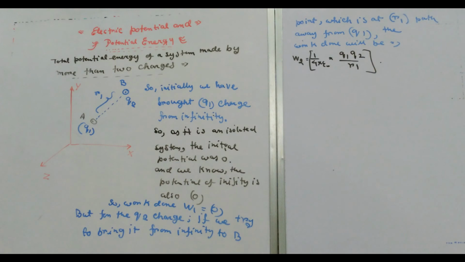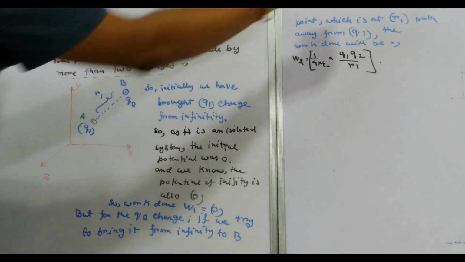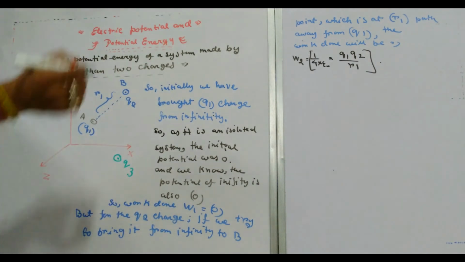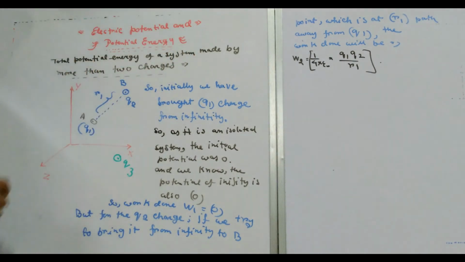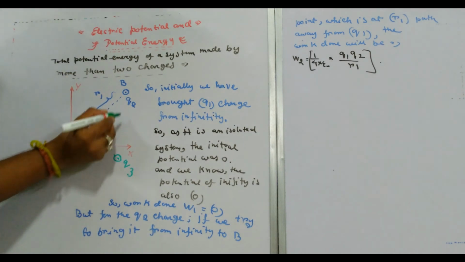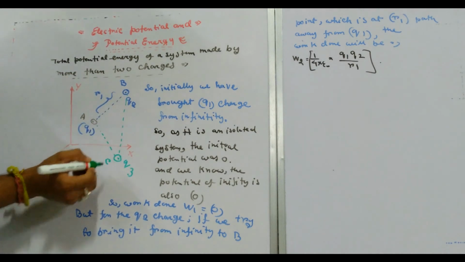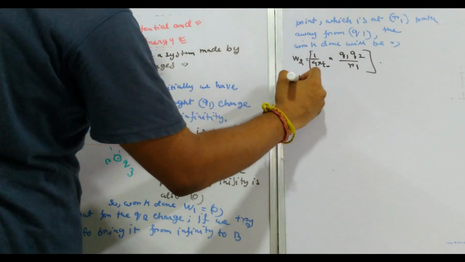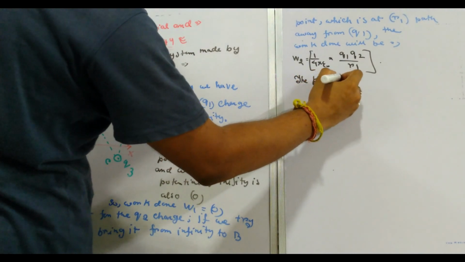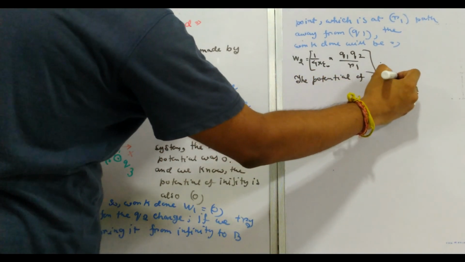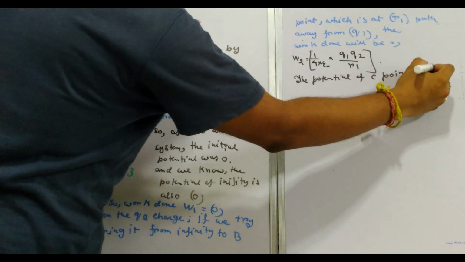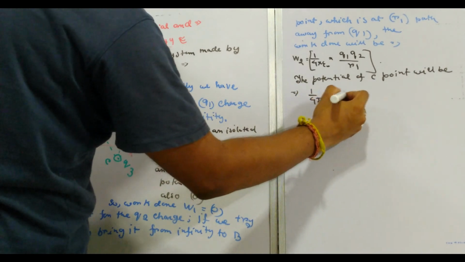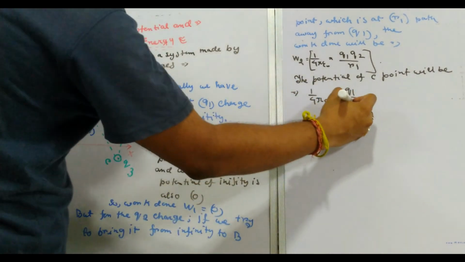We are again trying to bring another charge, q3, and that has been placed over here. So whenever we are trying to bring the q3 charge, first we need to consider the potential of point C. The potential of point C will be 1 by 4 pi epsilon naught into q1 by r2.